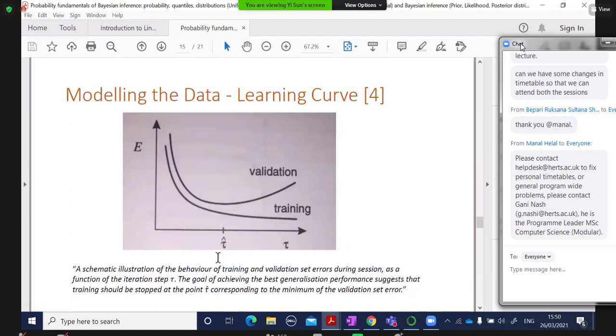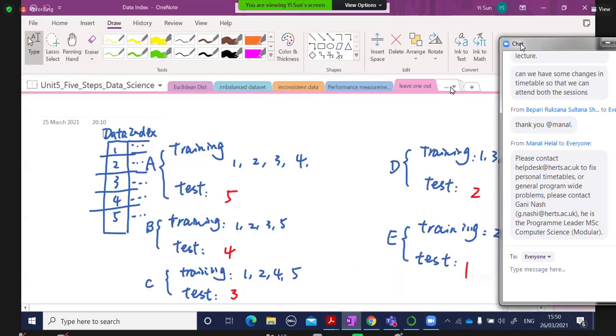Since the goal is to find the best generalization performance, what is the generalization performance?